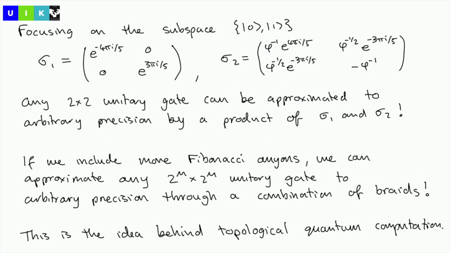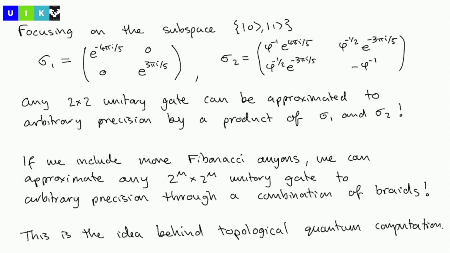Now, it turns out that by taking just these two matrices, sigma 1 and sigma 2, and taking lots of products of them and their inverse, I can get to any 2 by 2 unitary matrix I want to arbitrary precision. Okay, so you give me a 2 by 2 unitary matrix that you like.